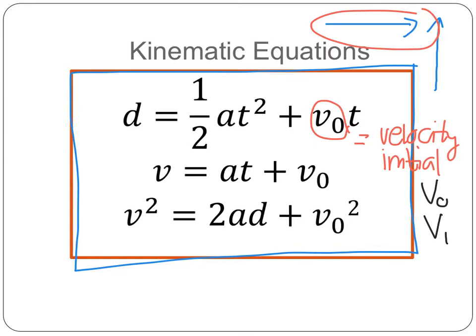Our second equation, our final velocity is equal to our acceleration times time plus our velocity initial. This is our acceleration equation just rewritten. Our last equation, we have our final velocity squared equals 2 times a times d plus our initial velocity squared.